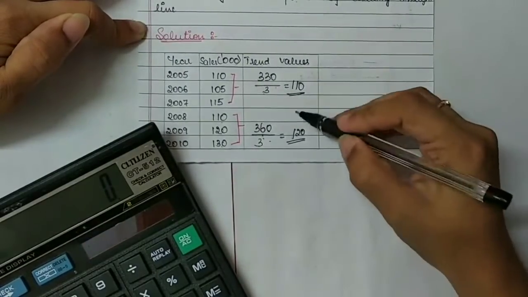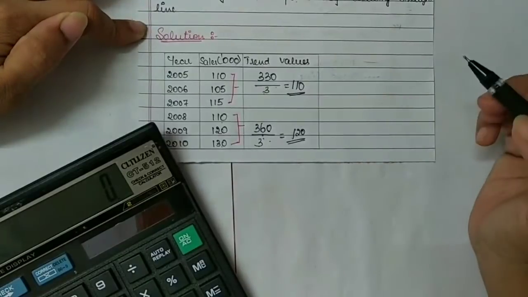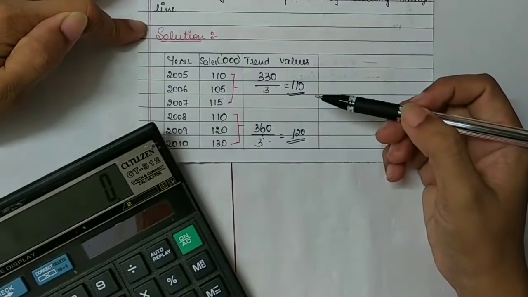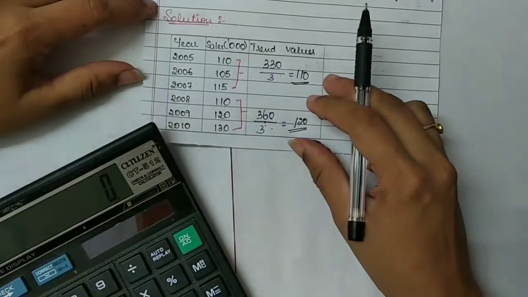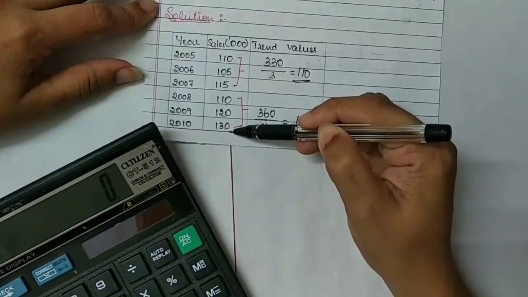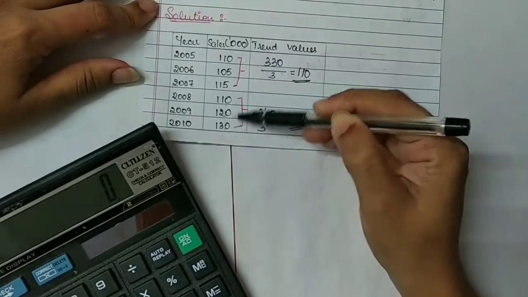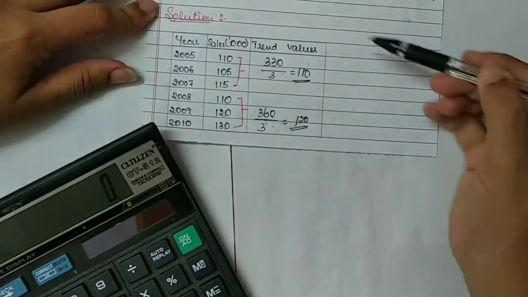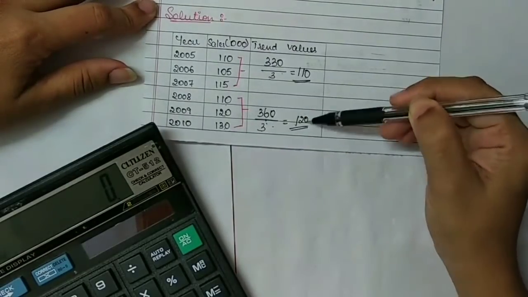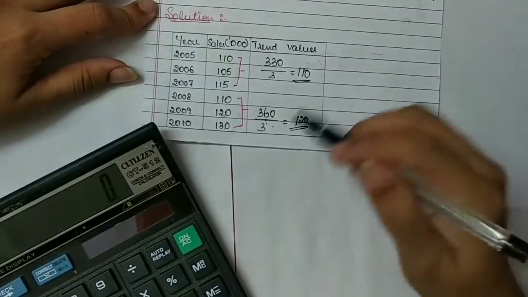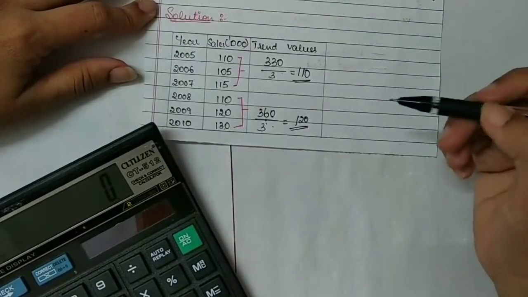These are our trend values. What was the next step? Averages values are marked in the graph. First, sales are marked on our graph sheet, which is called the histogram, and next we will mark the trend values and join those points and we will arrive at the trend line.